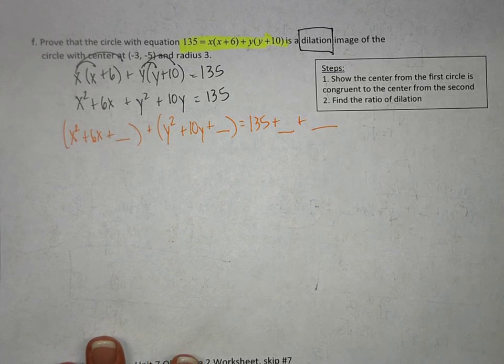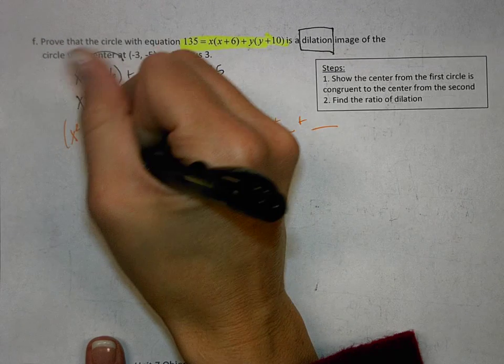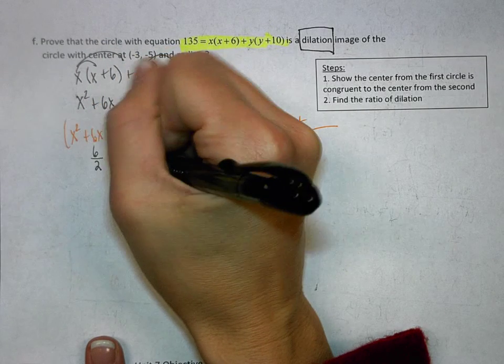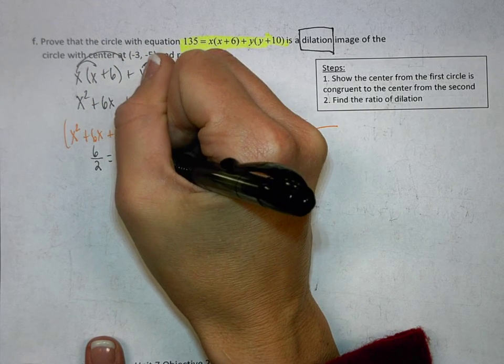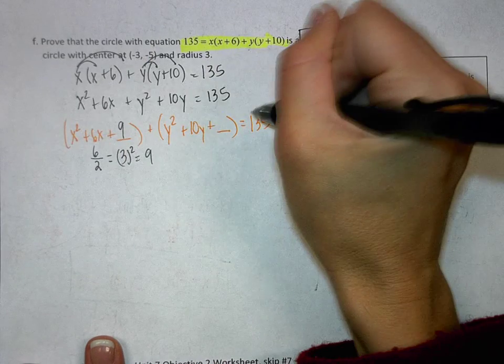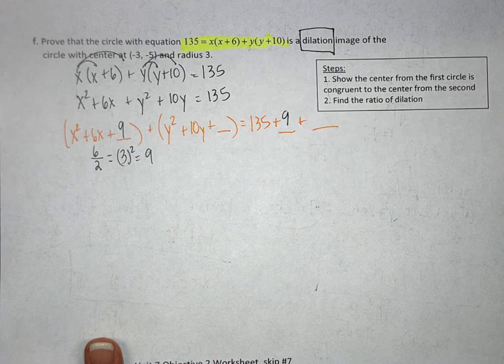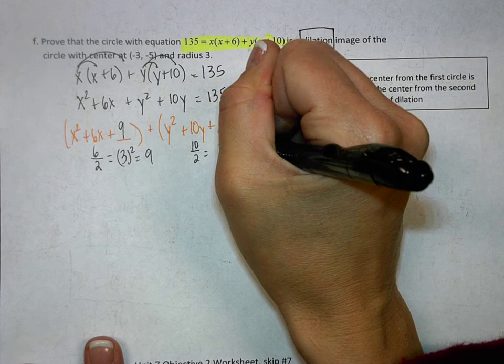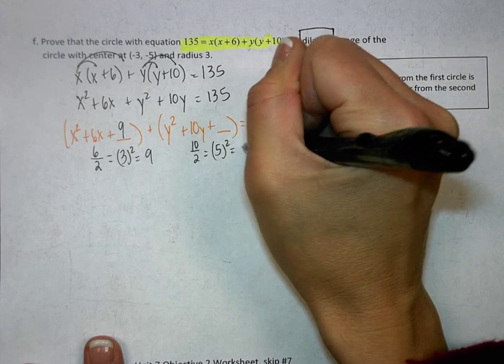Okay, so next I'm going to take our b value and divide it by 2. 6 divided by 2 is 3, and 3 squared is 9. So 9 goes into the first blank. For the y's, 10 divided by 2 is 5, and 5 squared is 25.